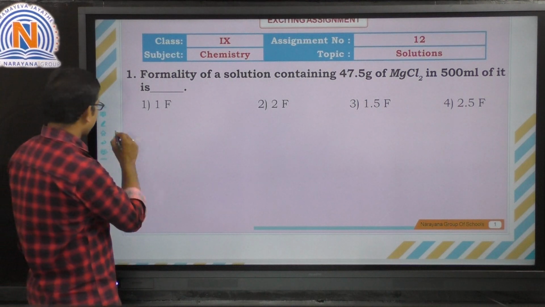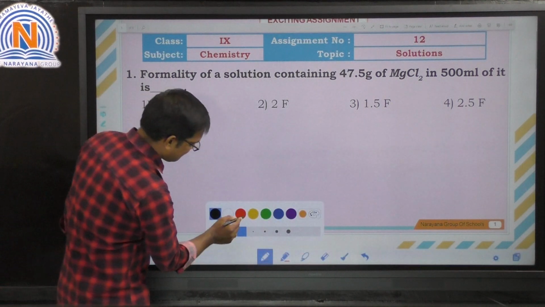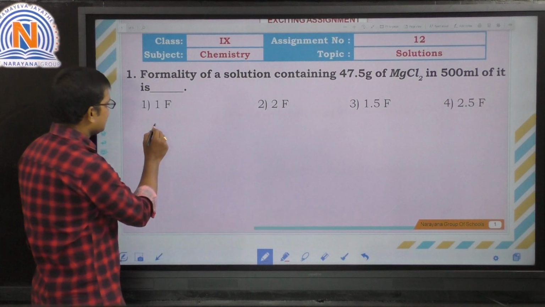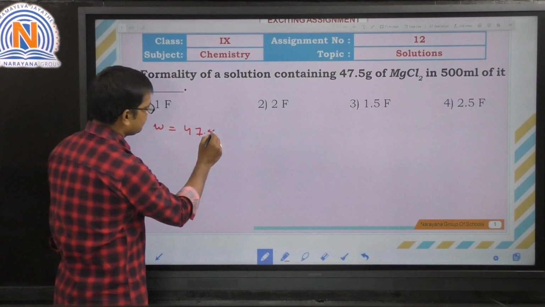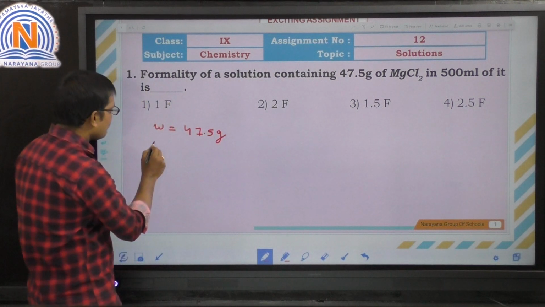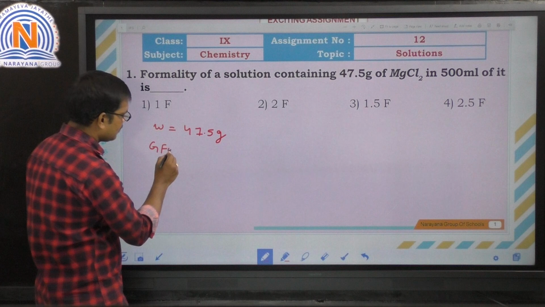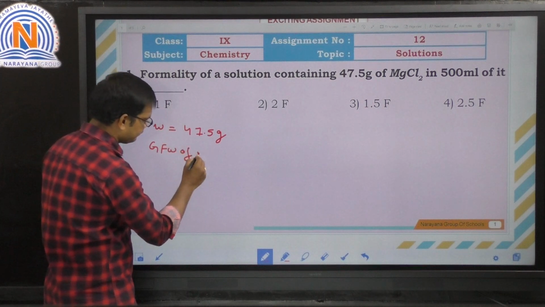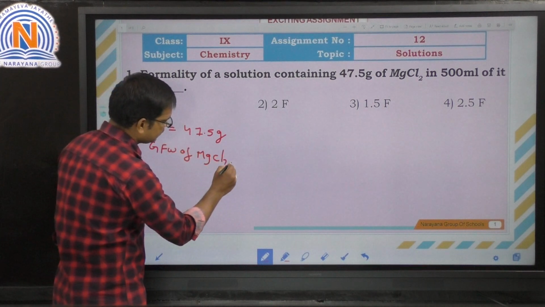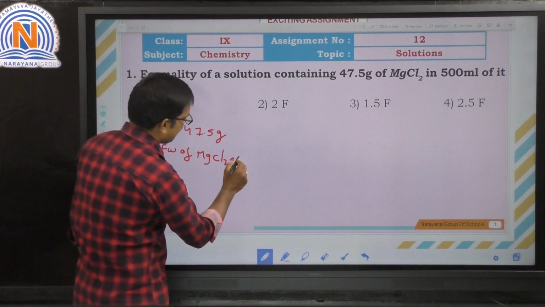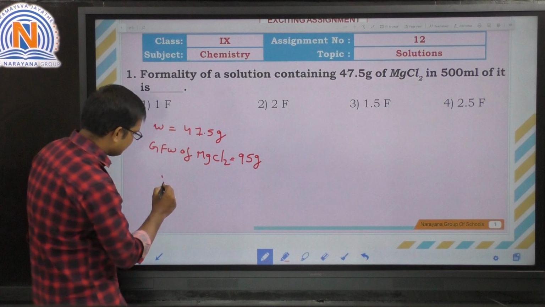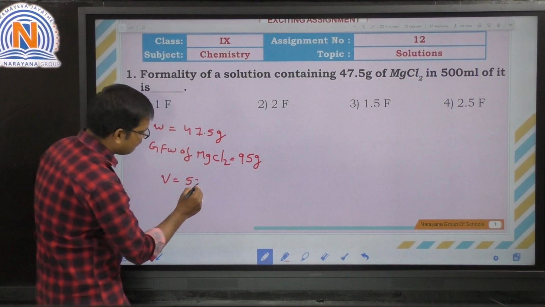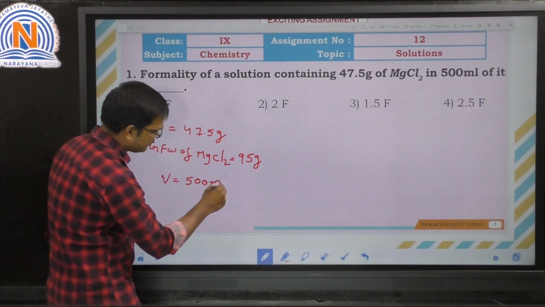Weight is given. Weight equal to 47.5 grams, and gram formula weight of MgCl2 is 95 grams, and volume is also given, V equal to 500 ml.